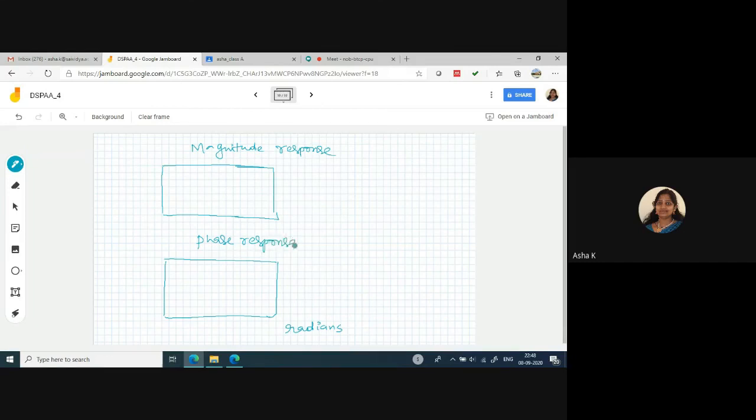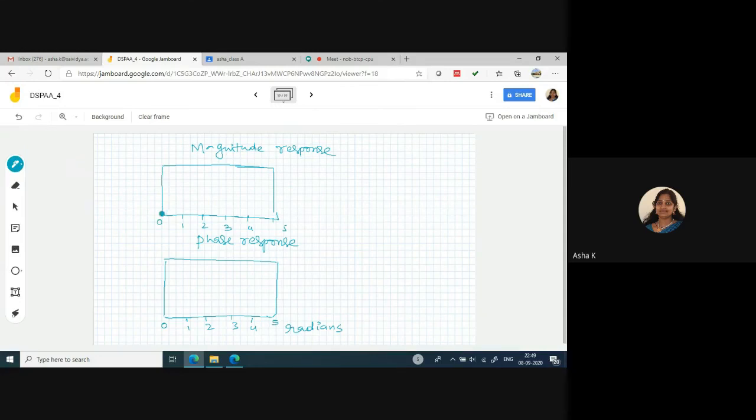For both plots, we note down the x-axis values in radians: 0, 1, 2, 3, 4, and up to 5.